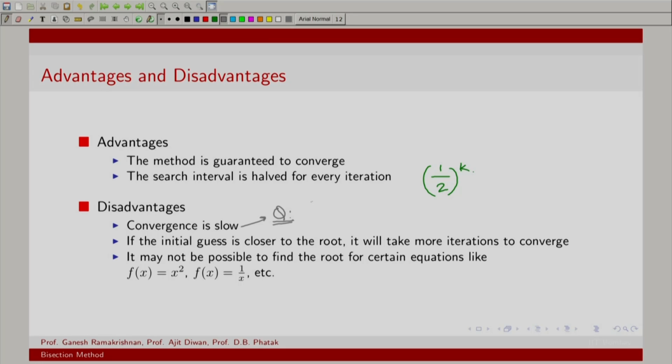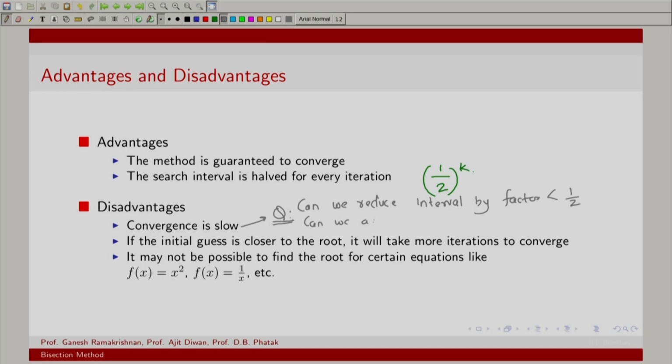Question 1, can we reduce the interval for search by a factor less than half?